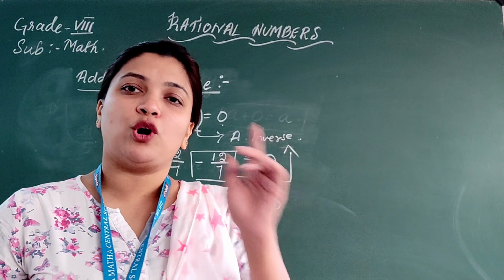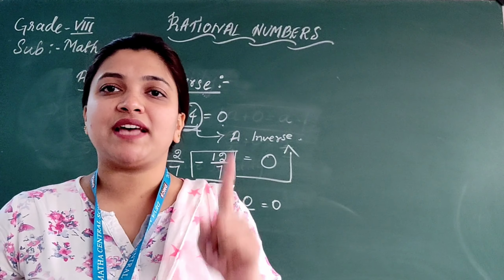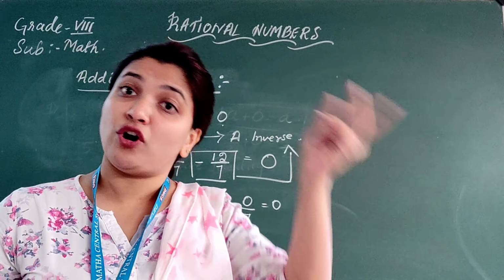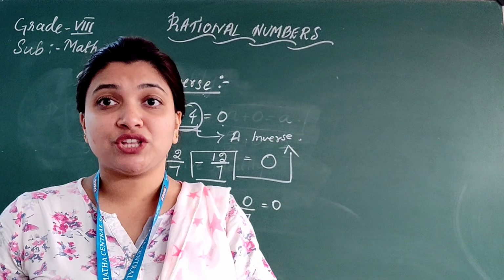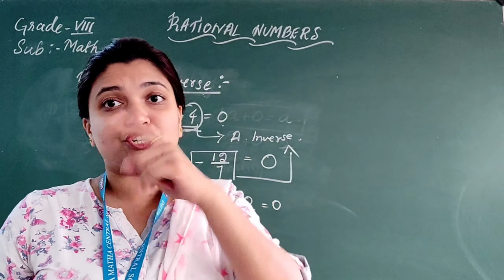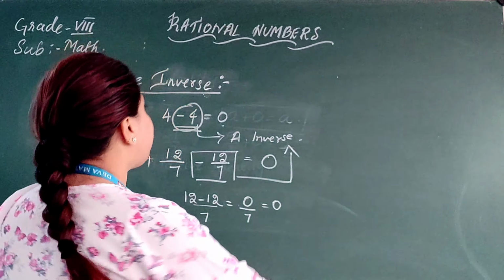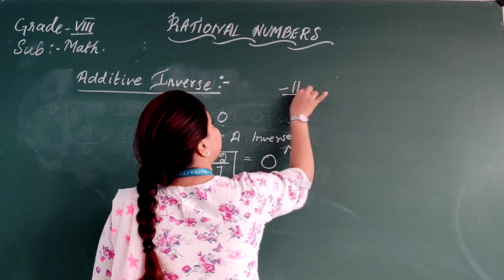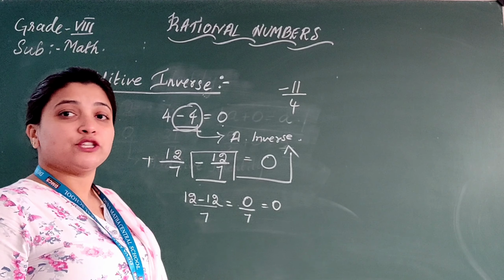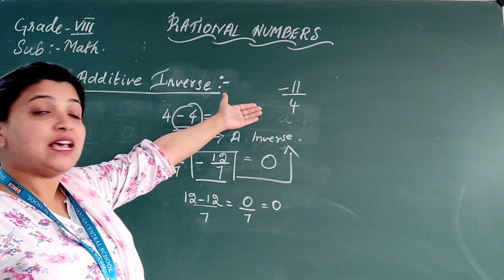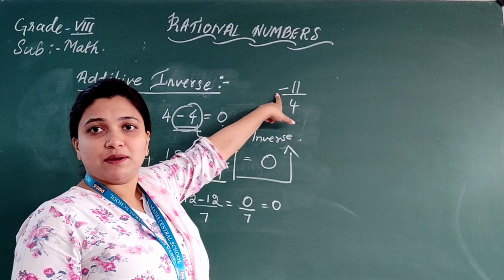Clear, children? So always remember, for addition the additive inverse is subtraction of the same number. For subtraction the additive inverse is again addition of the same number. Okay. Now suppose I have a number minus 11 by 4. What is the additive inverse of this? There's already a minus.